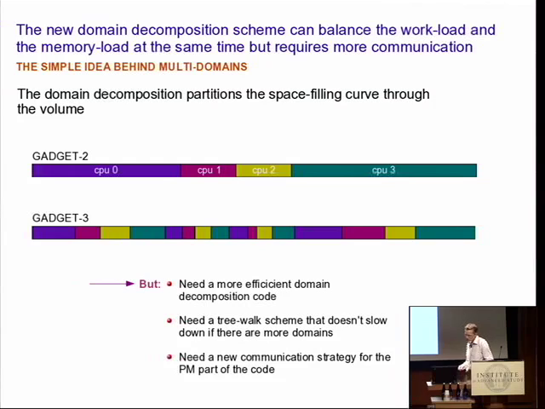So the idea here is that I've implemented a scheme where I'm not only decomposing the space filling curve in, say, 4 pieces, if I have 4 cores, but in multiple pieces. And these pieces are then sent out to the different processes, but each process now gets a piece from different regions of the calculation. That way you can balance the work and the memory balance simultaneously, but you have to communicate more.